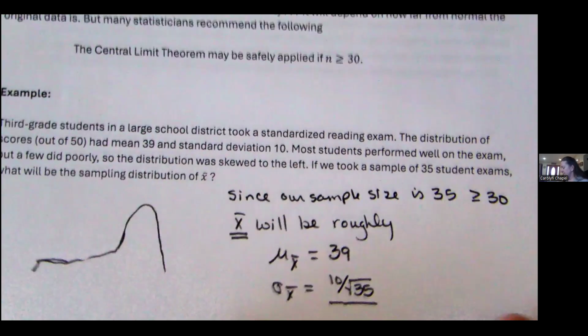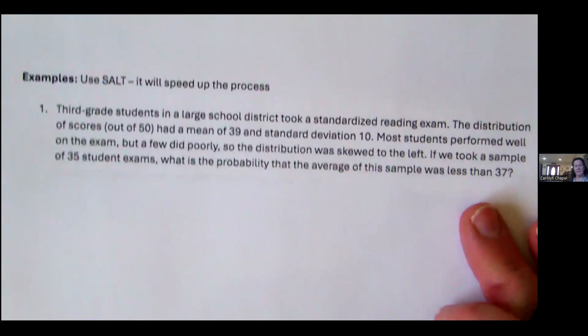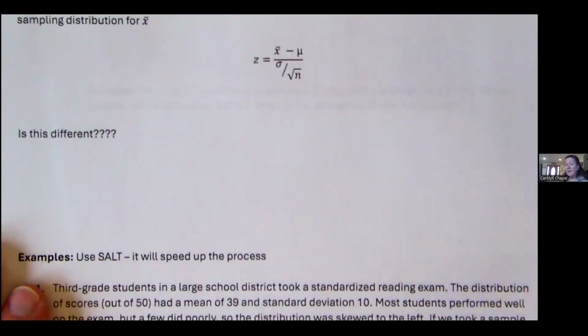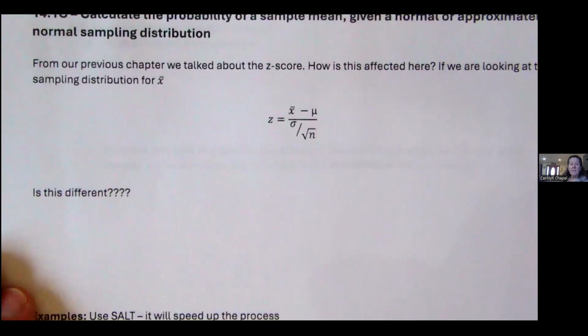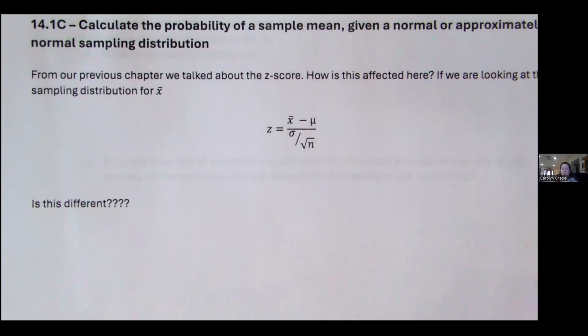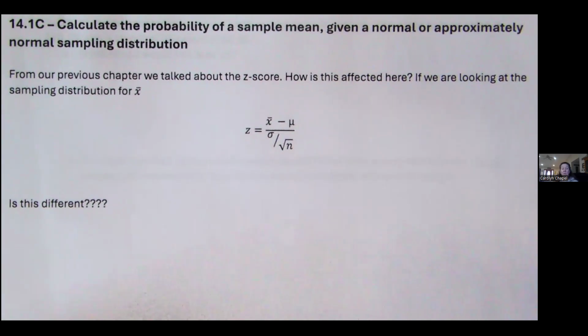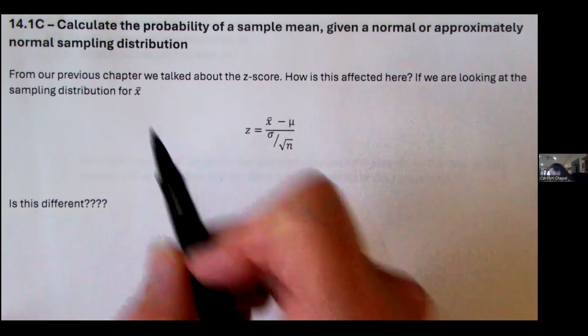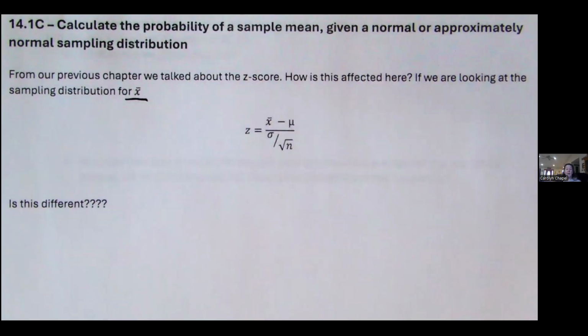So let's continue doing some more with this. From our previous chapter, we did look at a z-score. We can look at z-scores for our sampling distribution of X bar as well, if we have normality.